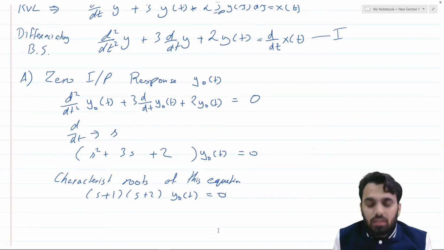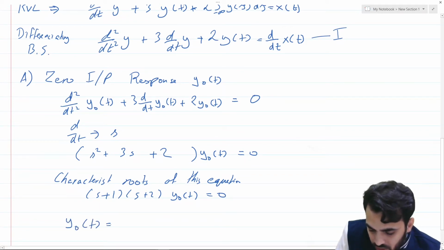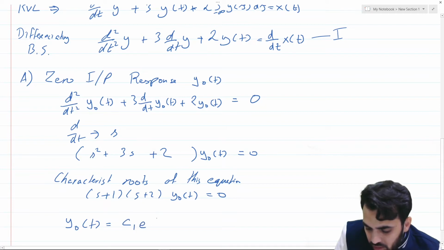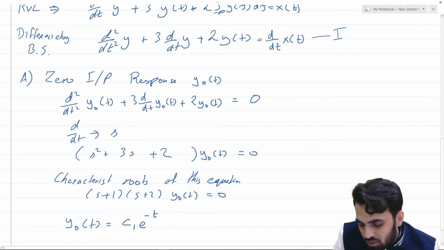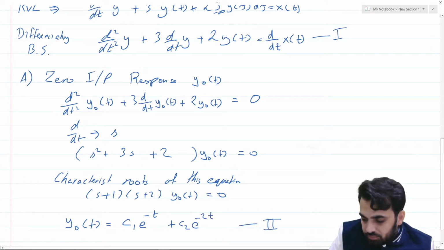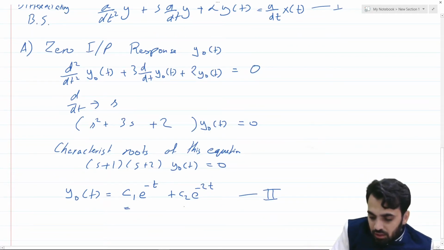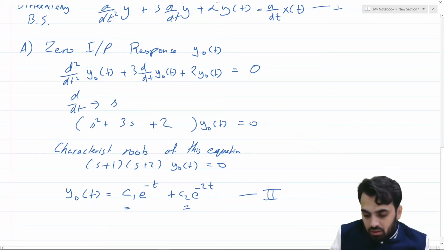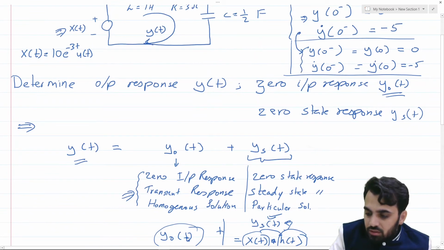So the solution of the zero input response would be of the form y0(t) = c1 e^(-t), which is coming from the first characteristic root, plus c2 e^(-2t). Say this is our second expression. But right now we have two constant coefficients, that is c1 and c2, that we need to find out using these initial conditions.